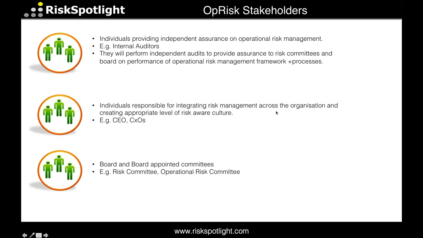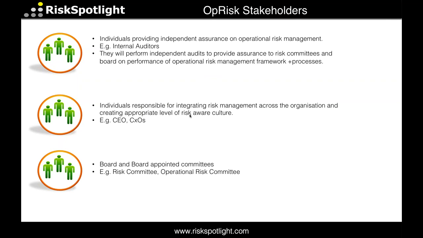And then you also have individuals who are responsible for integrating risk management across the organization and creating the risk culture. So your senior executives, your CEOs, your CROs, they are the ones who have to drive that message that operational risk management is important. We shouldn't just do it every 6 months. We should look at operational risk every time we're making a decision.